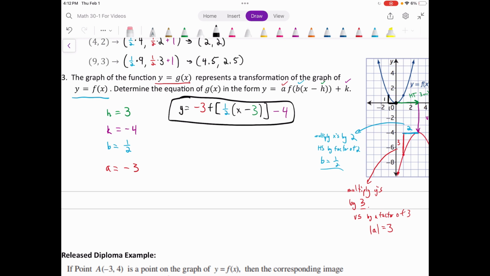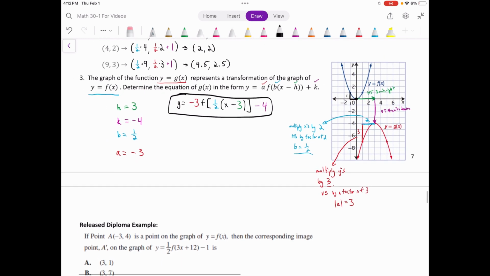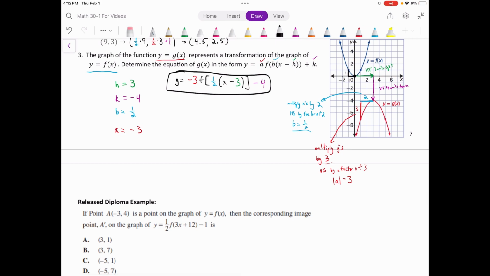It's saying if we knew the equation for y equals f of x, which we actually do, we can tell it's y equals x squared, right? If you changed it in these ways, you would end up with the equation for g of x, right? Replace x with 1/2 of x minus 3, multiply the result of that by -3, subtract 4. But there we go. We've now written the equation in function notation for the transformed equation.